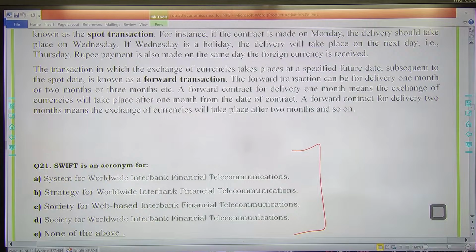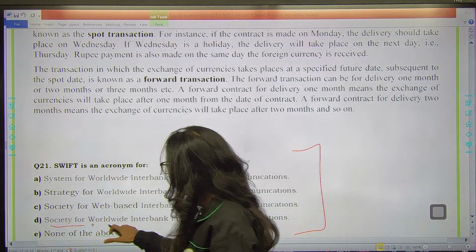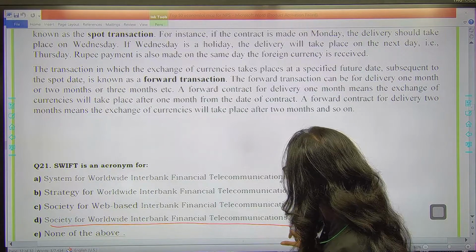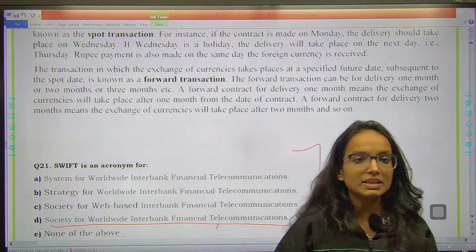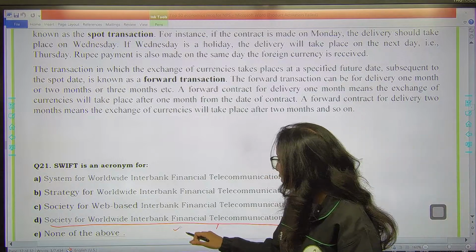Tell me. Okay, so if you look at SWIFT extension, it is Society for Worldwide Interbank Financial Telecommunications. D is the right answer here. Remember, SWIFT stands for Society for Worldwide Interbank Financial Telecommunication.